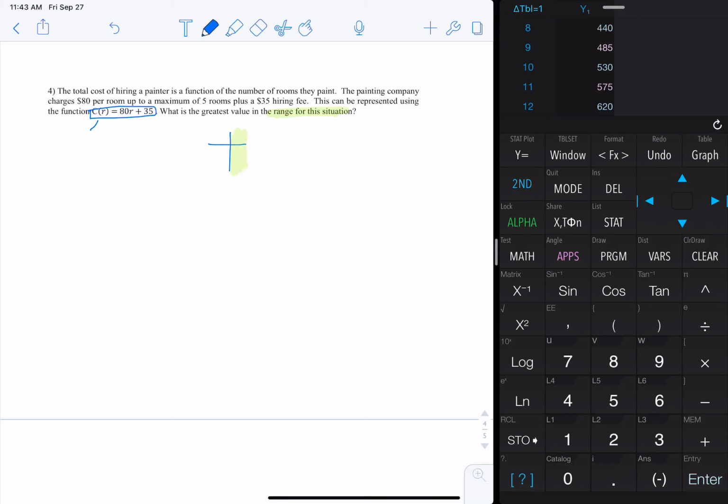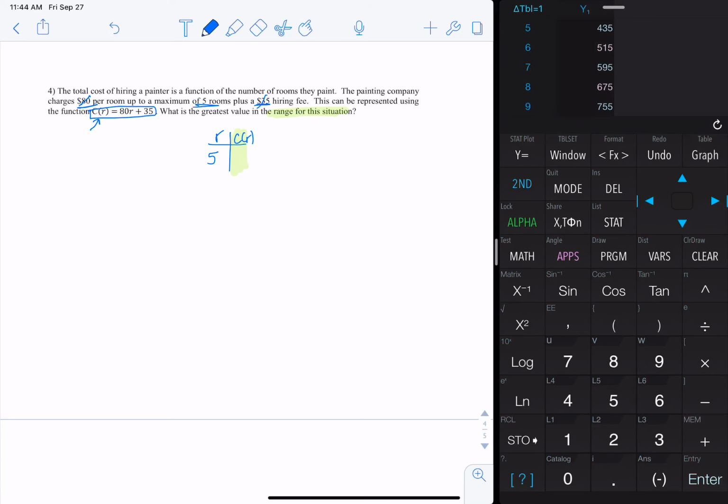My range is labeled C of R. So I'm looking for the total cost. Now, R is the number of rooms, right? And it says that he has a maximum of 5 rooms. So 80 is already used, 35 is already used. 5 rooms is what we're talking about here. So in your calculator, if you type 80x plus 35, and you go to the table, then you're going to find where x is 5.